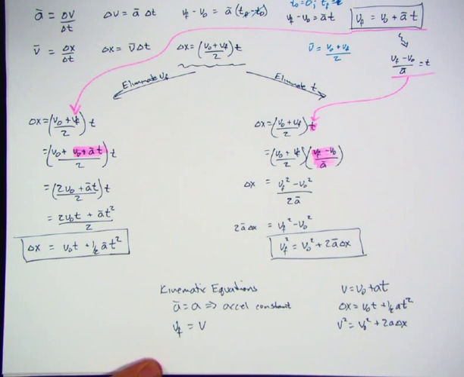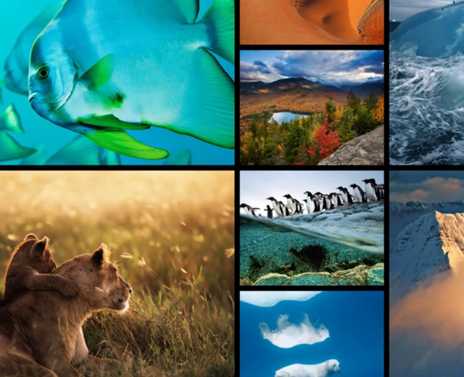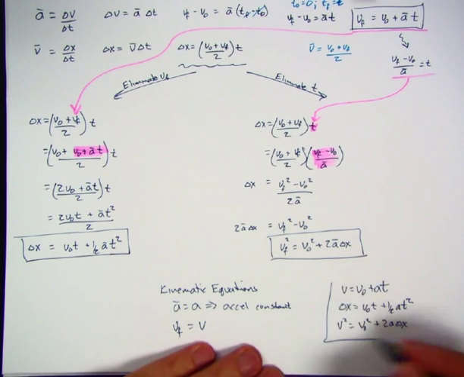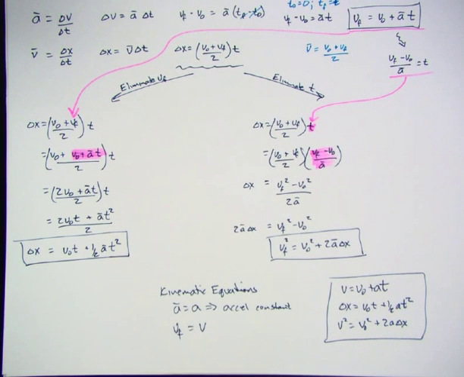And what that means is anytime there's no subscript, then no subscript means that we are going to imply or remember that that is the final value. All right, so these guys right here are what we're going to call our kinematic equations.